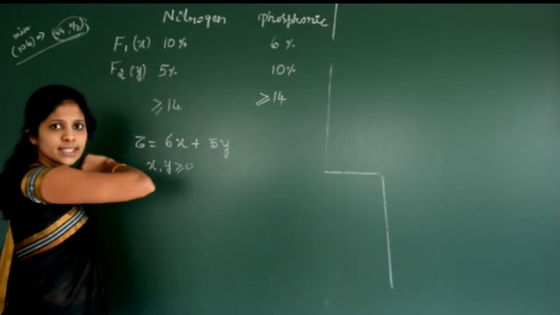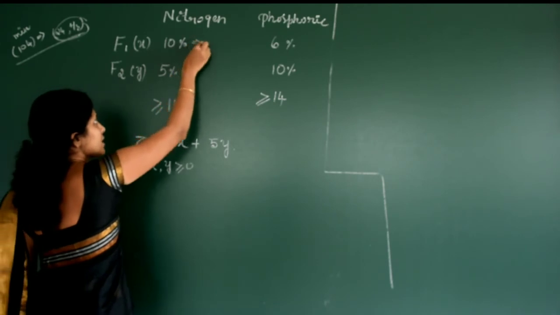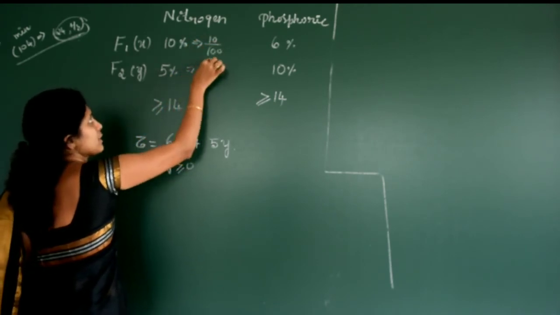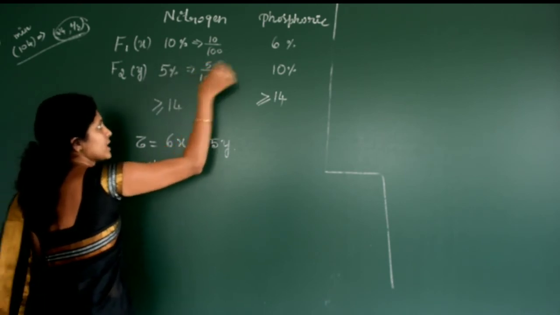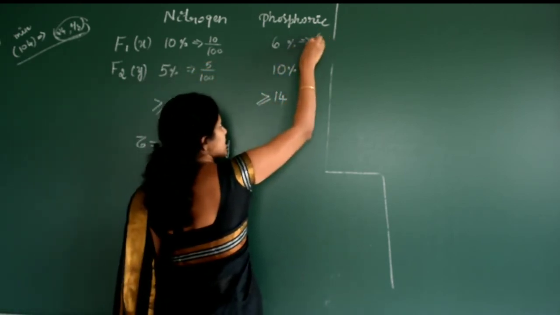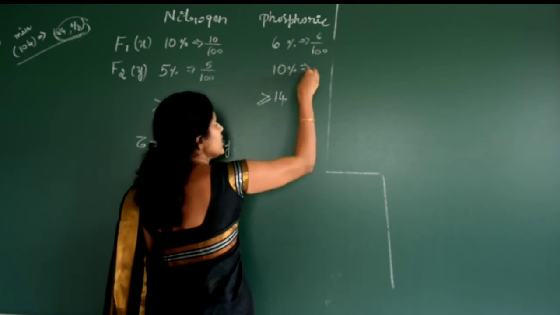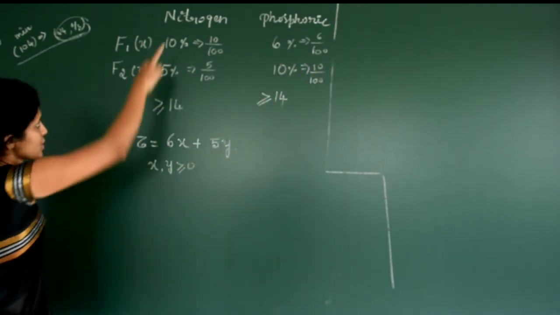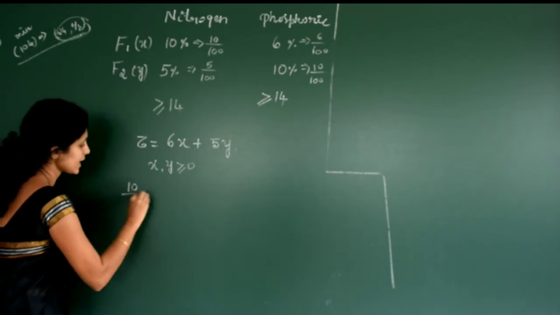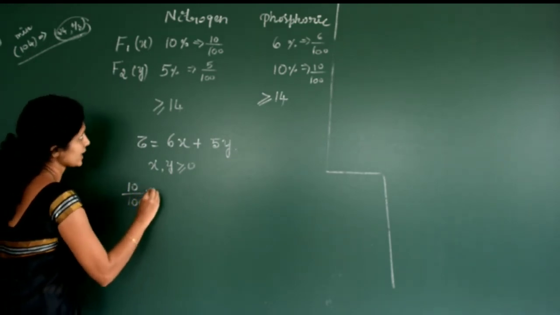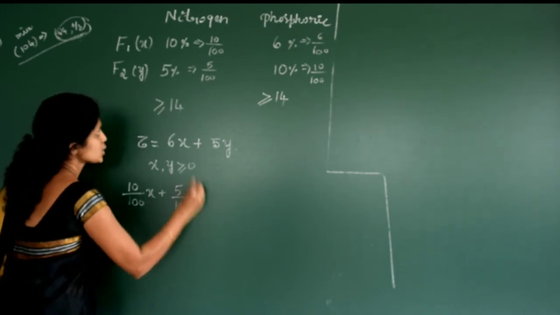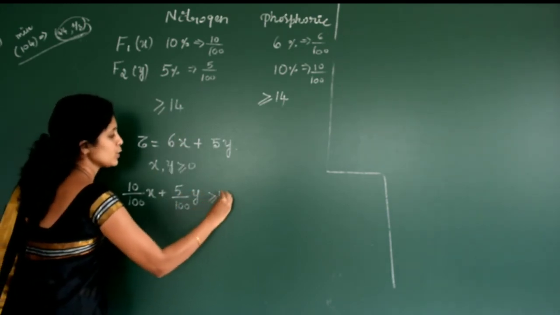See, 10% we can write as 10 by 100, and 5% will be 5 by 100. Similarly, 6 by 100 and 10 by 100. Is it clear? By using this, we can form an equation. First one: 10 by 100 into x plus 5 by 100 into y should be greater than or equal to 14.